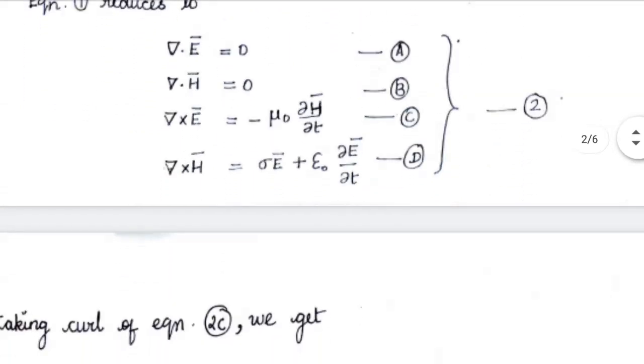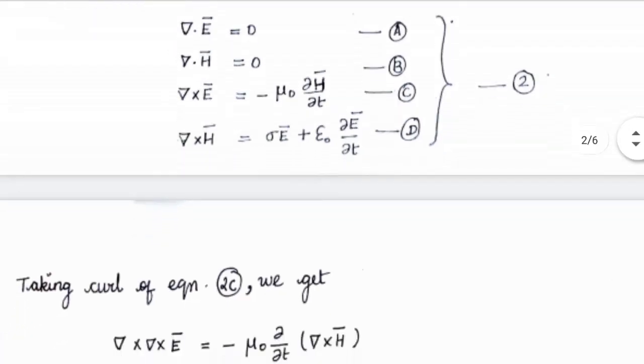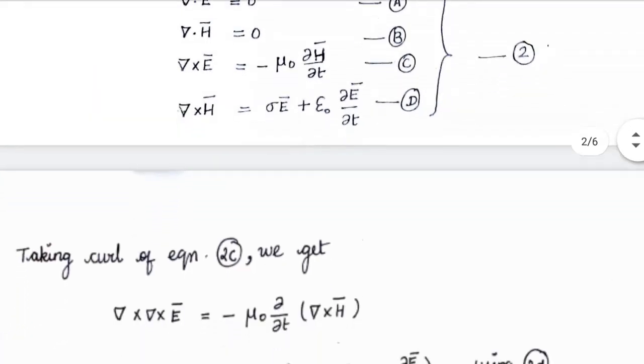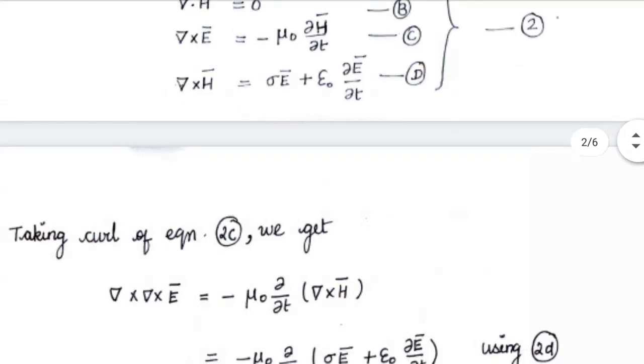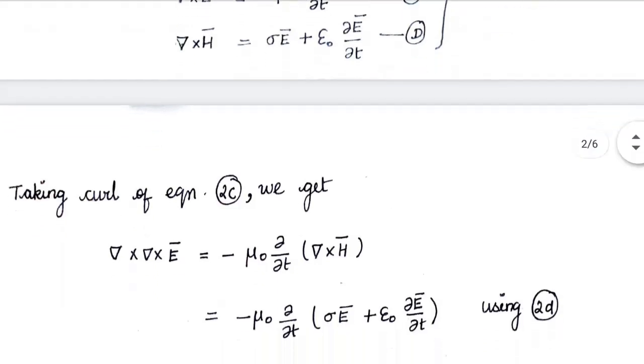So, we have named this set of equations as 2A, 2B, 2C, 2D. Then take the curl of equation 2C. So, del cross del cross E vector is equal to minus mu naught dou by dou t del cross H vector. We have the value for del cross H vector in equation 2D, so let us substitute it here.